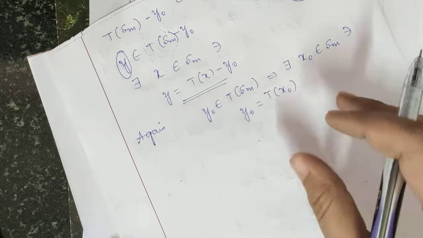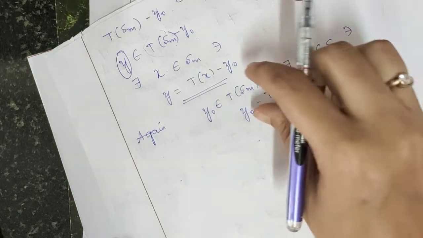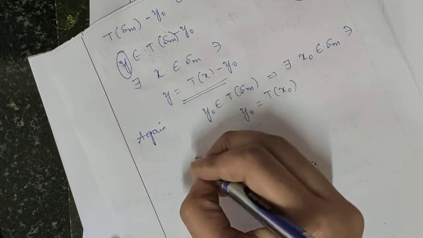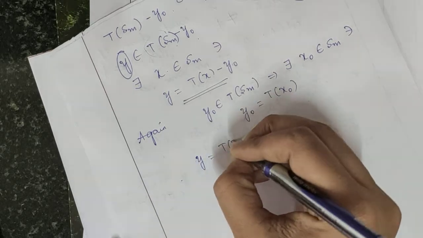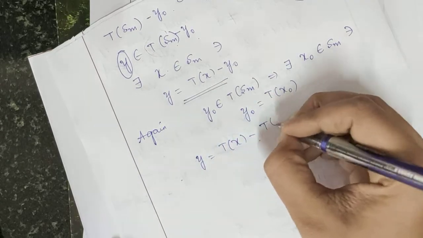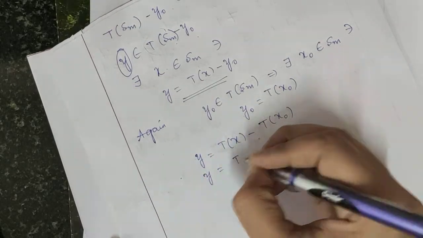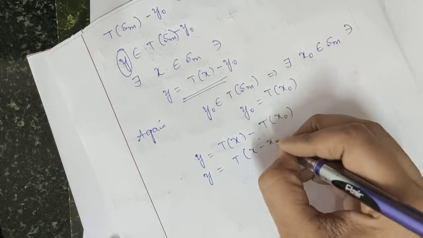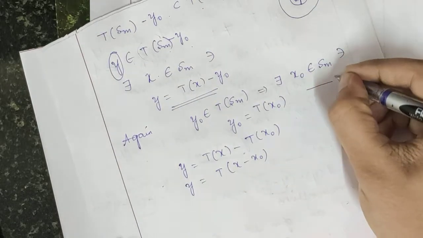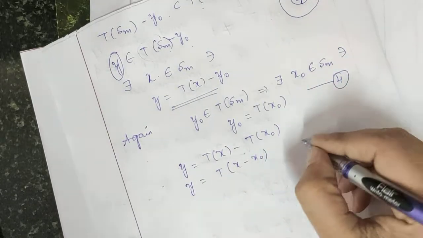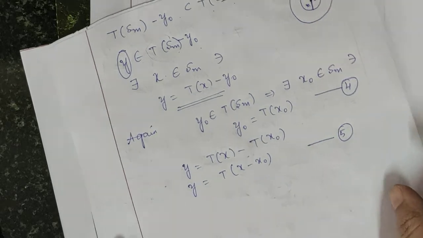Right? So using these two, I can write y as T of x minus T of x0. Since T is linear, y is equal to T of x minus x0. Call this equation number 4 and this equation number 5.